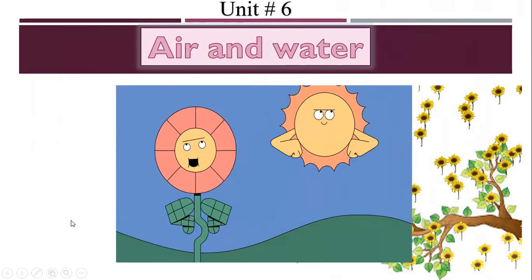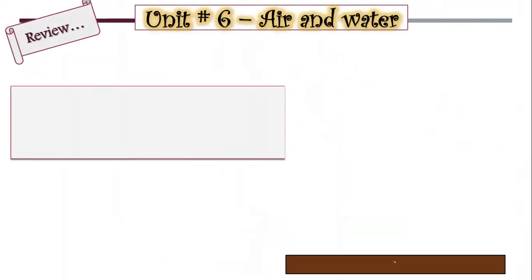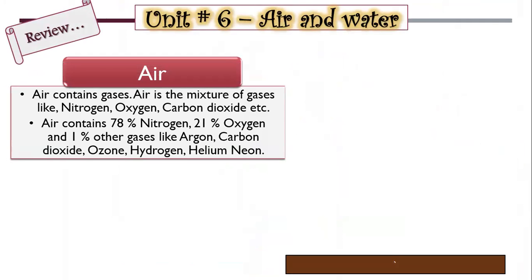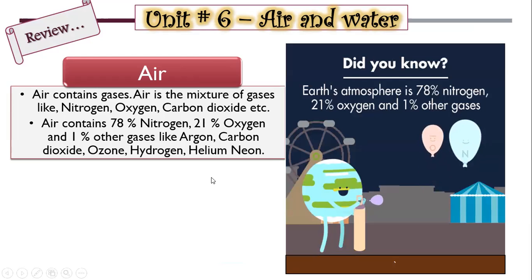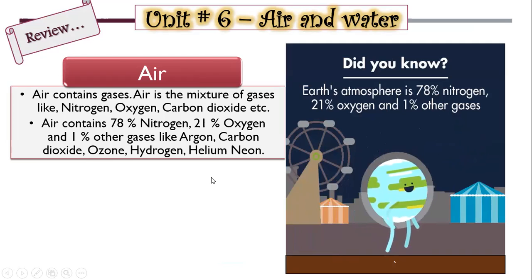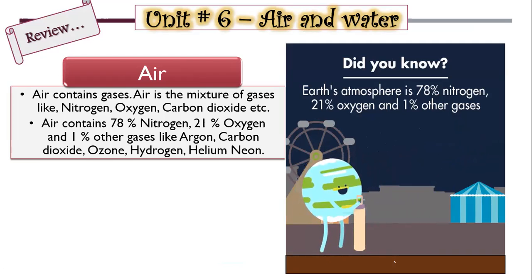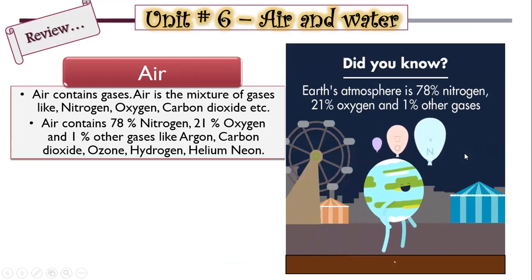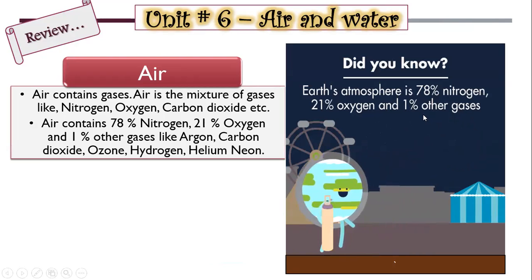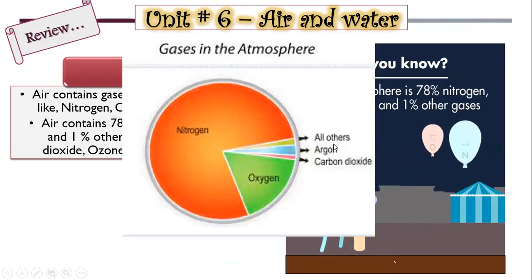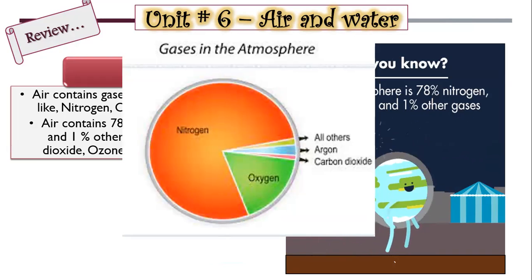Do you know what air is made up of? Air contains gases. Air is the mixture of many gases like nitrogen, oxygen, carbon dioxide, etc. Air contains 78% nitrogen, 21% oxygen, and 1% of other gases like argon, carbon dioxide, ozone, hydrogen, helium, or neon.